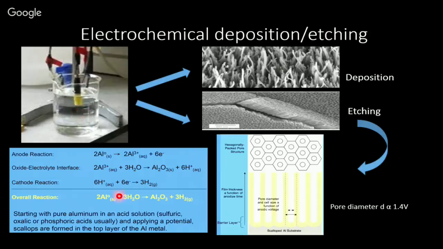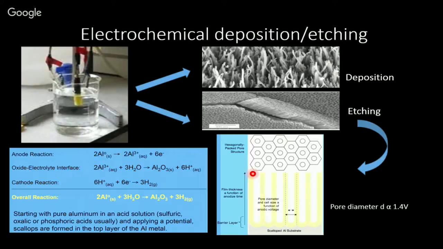You have a reaction on an anode and a cathode. Typically you can use aluminum or titanium. These are very popular choices. Why? Because in the case of aluminum, you can create very nice gratings. You actually get an etching effect.